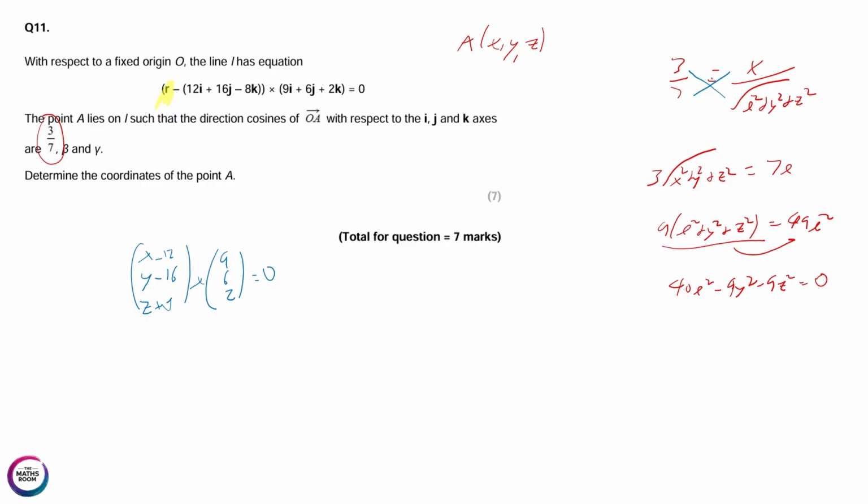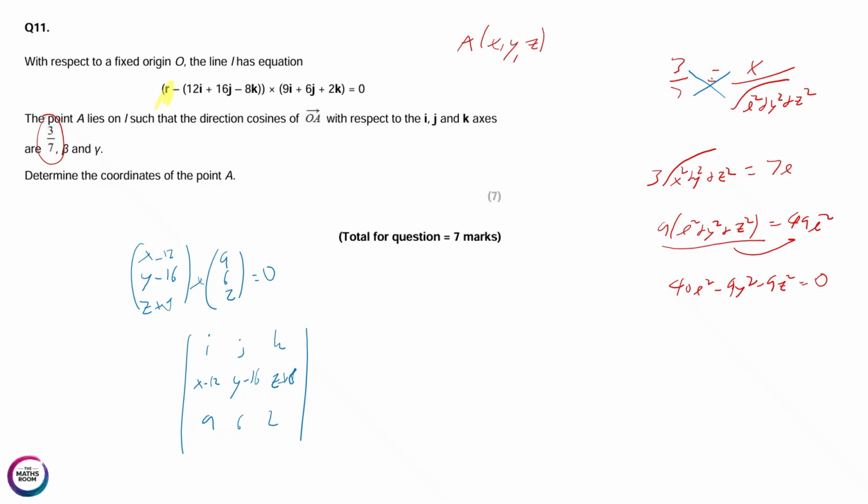So that's what I'm going to do. So i, j, k. I've got x minus 12, I've got y minus 16, I've got z plus 8, and I've obviously got 9, 6, 2. Okay, so what I'm going to try and do is get it in terms of one variable basically.